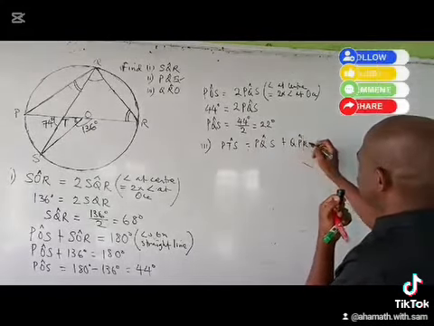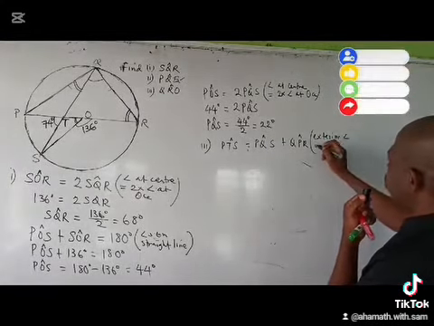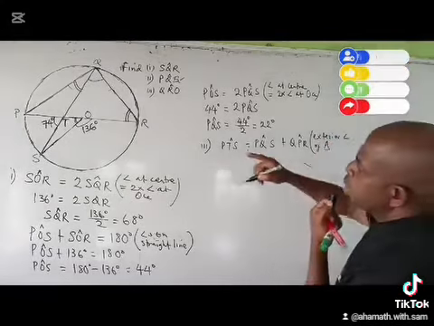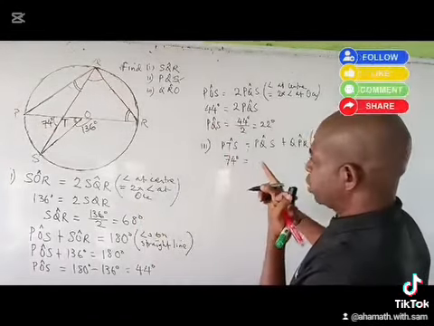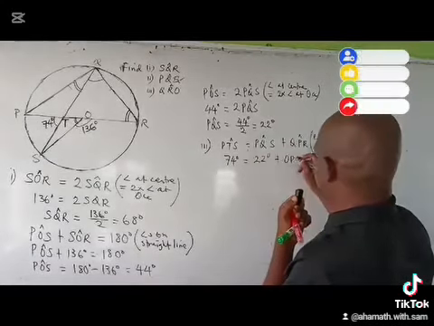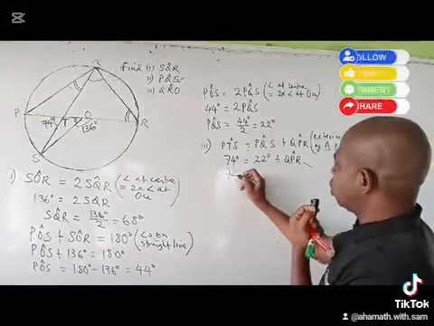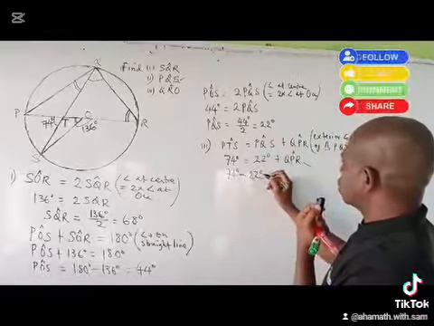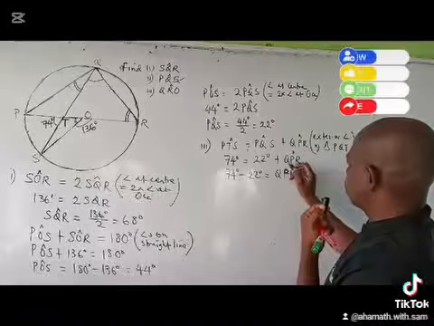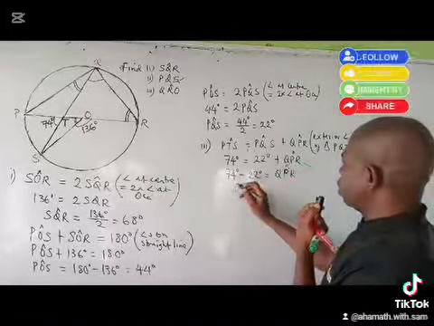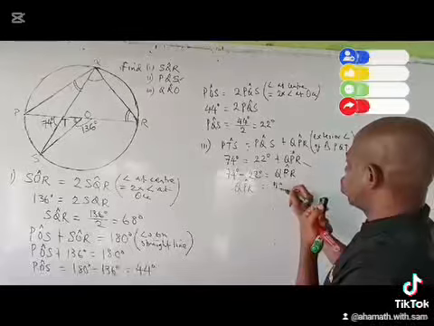Our reason is that this PTS is the exterior angle of triangle PQT. And PTS is 74 degrees, PQS is 22 degrees, QPR is what we need to find out. So this will be 74 degrees minus 22 degrees is equal to QPR. That means QPR is equal to 52 degrees.